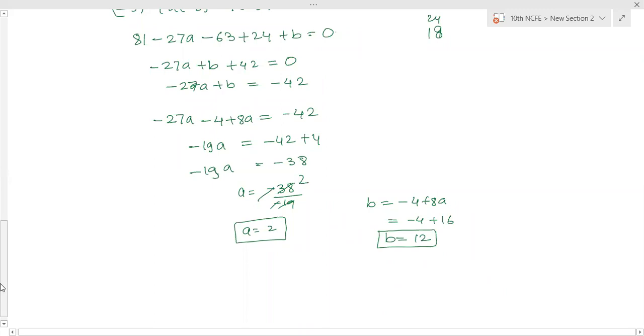Ma'am, I need minus a minus 1. Minus a plus 1. No. Yeah, minus 1 square is plus 1. Every time you are doing this mistake. Every time you are doing minus 1 square is minus 1. Yeah, 3-4 times you have done this. Yes, ma'am.